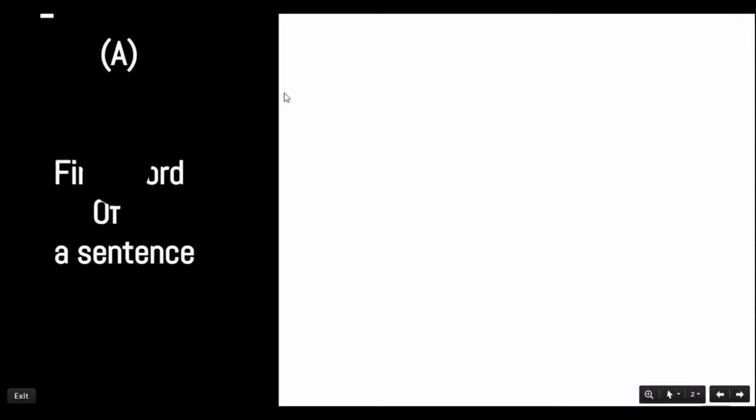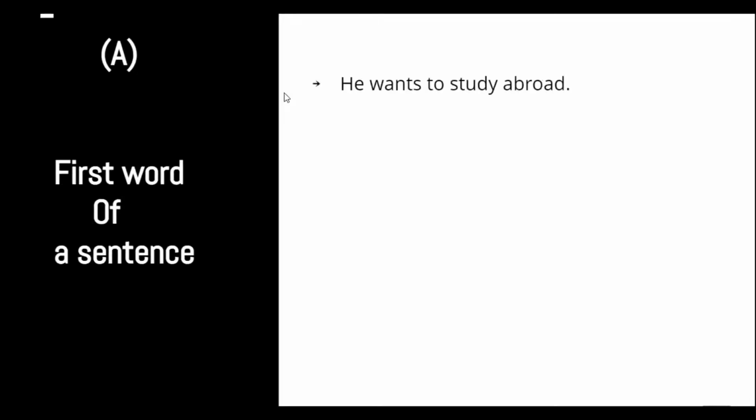The first rule is the first word of a sentence, it means after a dot, always write the first letter in capital. Here are some examples for you. First of all, he wants to study abroad. Here H is capital because it is the first word of a sentence. He has a good knowledge of the IT field.